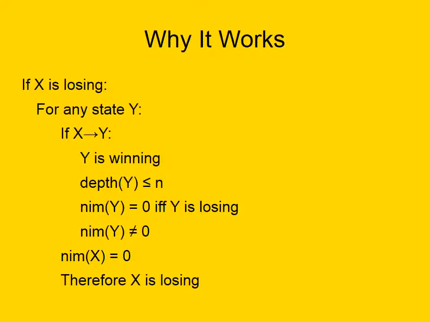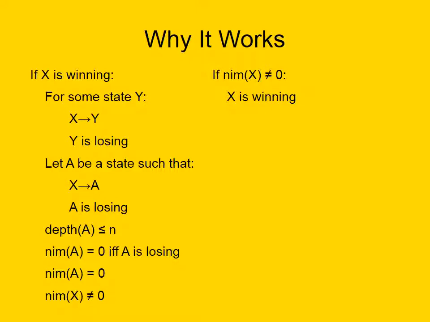Therefore, x is losing. If x is winning, for some state y, y is a possible next state from x. Y is losing by definition of a winning state. Let A be a state such that A is a possible next state from x and A is losing. The depth of A is less than or equal to n. Nim(A) is equal to 0 if and only if A is losing.